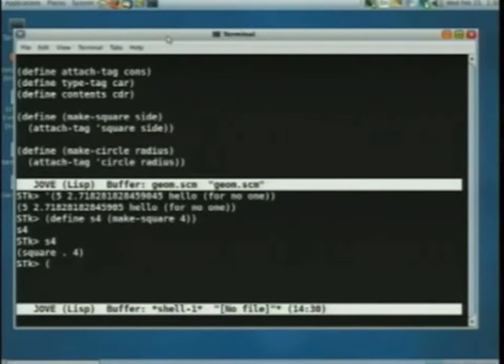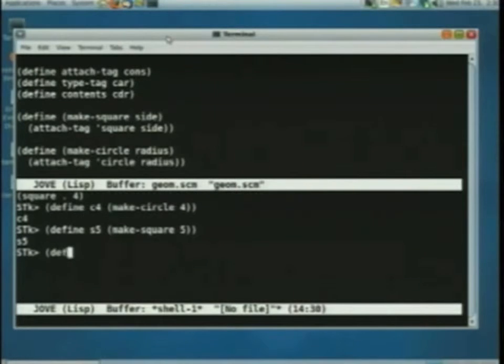And I'm going to say define c4 to be make-circle 4, and define s5 to be make-square 5, and define c5 to be make-circle 5, just to have a little data around to play with.